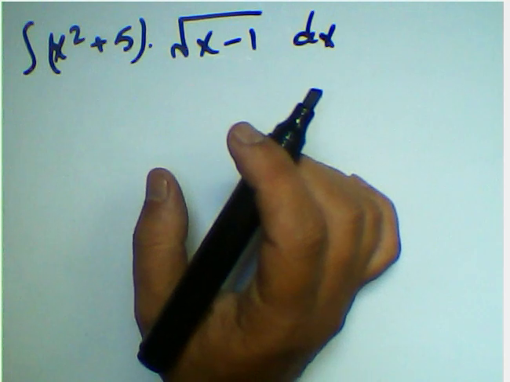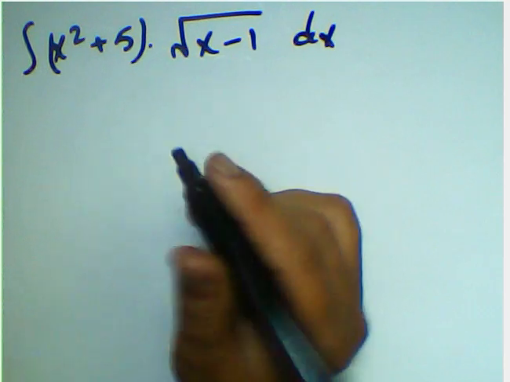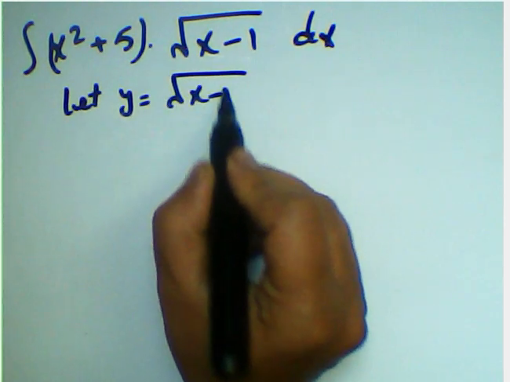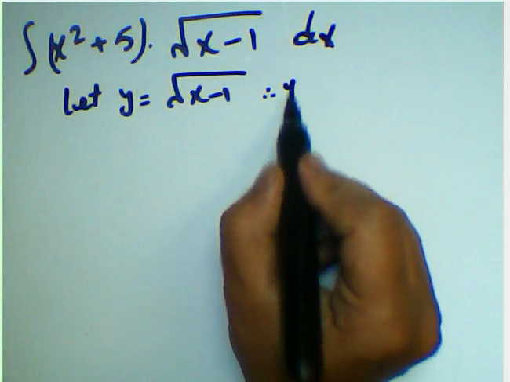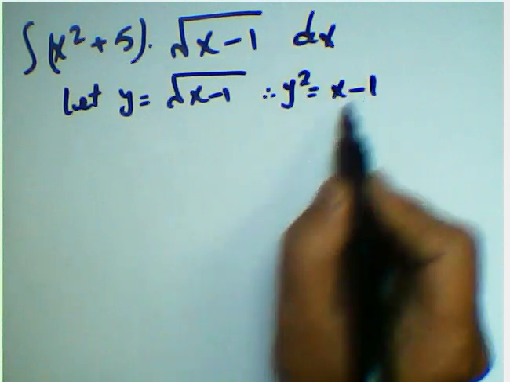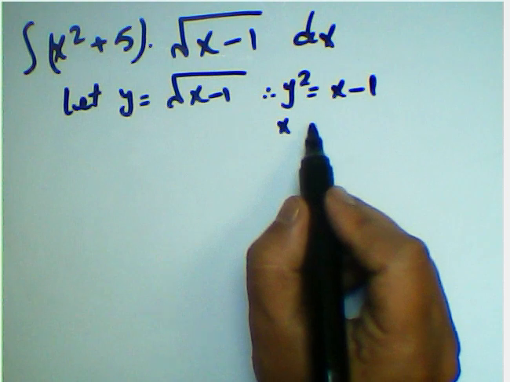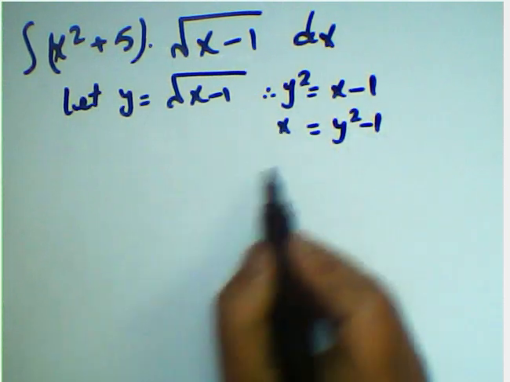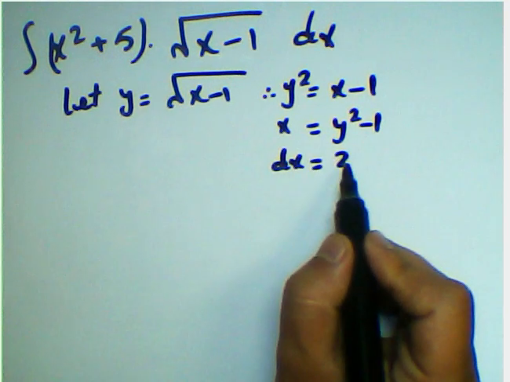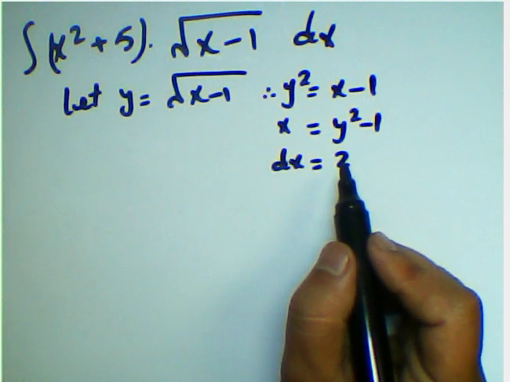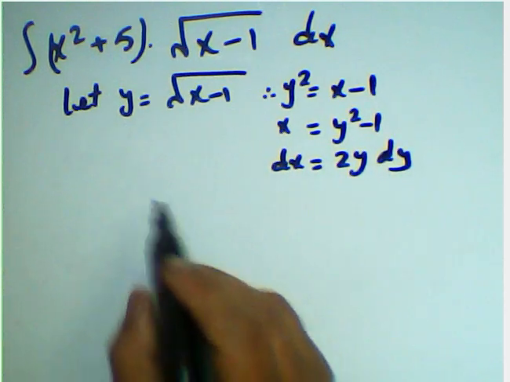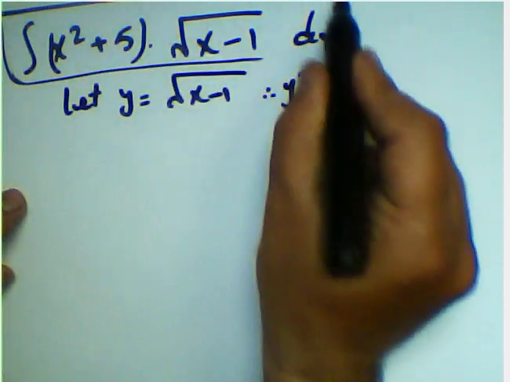We let y equal this function, square root of x minus 1, then y power 2 will be x minus 1, then x will be y power 2 plus 1, and then dx equal 2y dy.